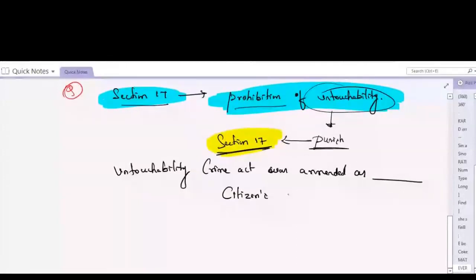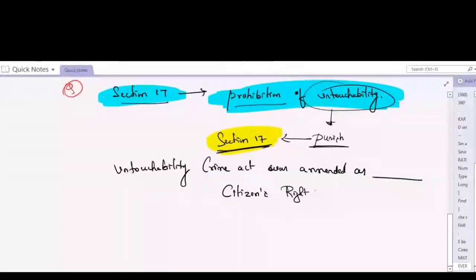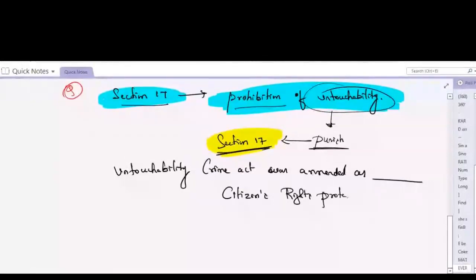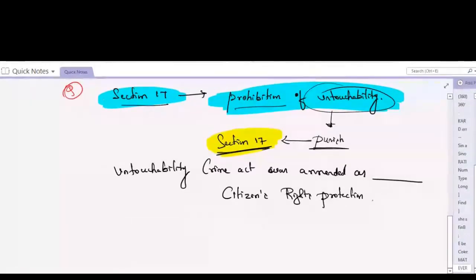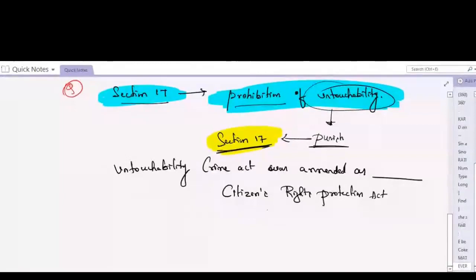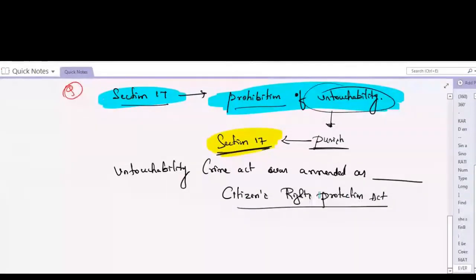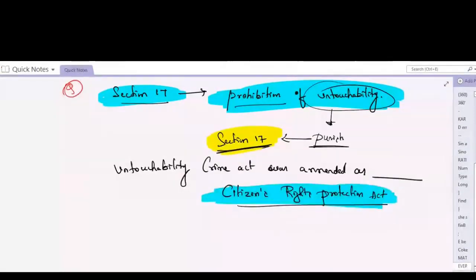Citizen rights protection. We are the citizens, right? Understood? We are the citizens of our country, no? Citizens Rights Protection Act. This is the answer. The Untouchability Crime Act was amended as the Citizens Rights Protection Act.